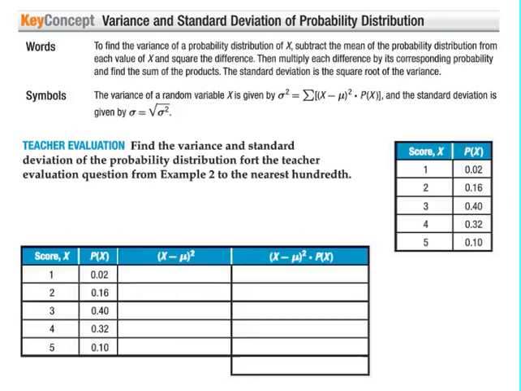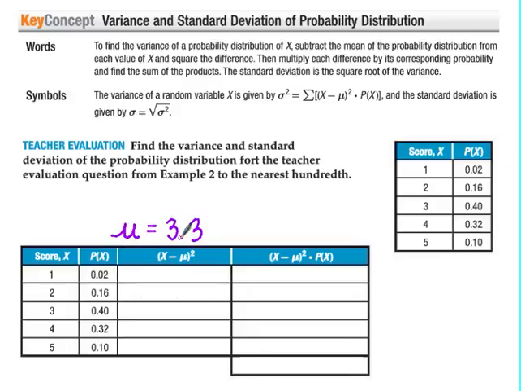Okay. Now, the best way to do this is to see how the table is written. If you can understand the table, then you're going to be able to handle this just fine. So first of all, what did we find the mean to be from the problem before? 3.3. Now, you're going to probably wonder what that weird U is.